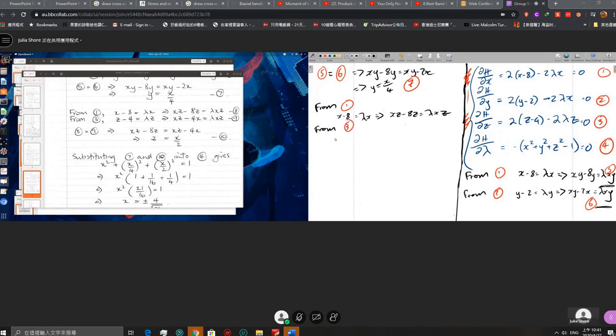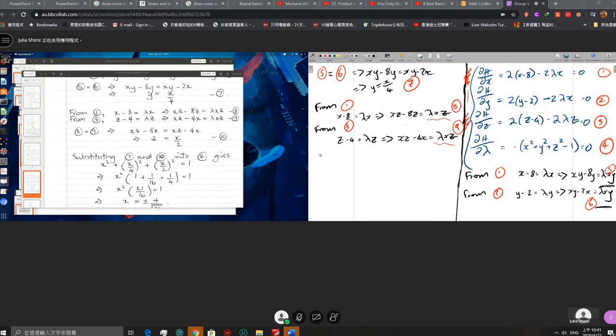So what we did have was z minus 4 is equal to lambda z. This implies when we multiply everything by x, we get xz minus 4x is equal to lambda xz. And then again, we notice that this and that are equal. We'll label these: we've got an 8 there and a 9 there.